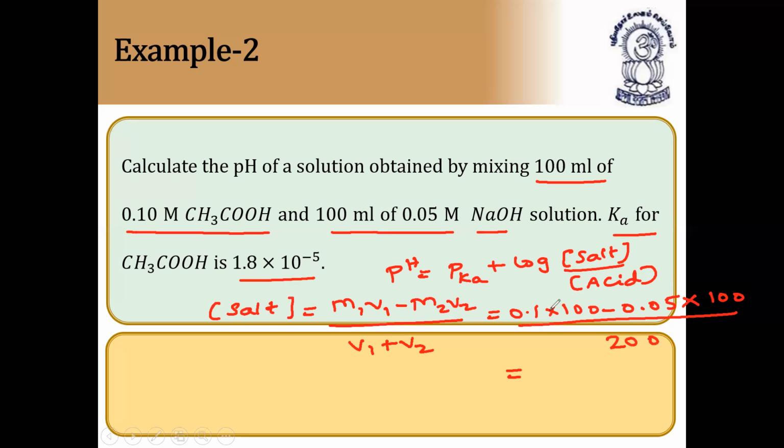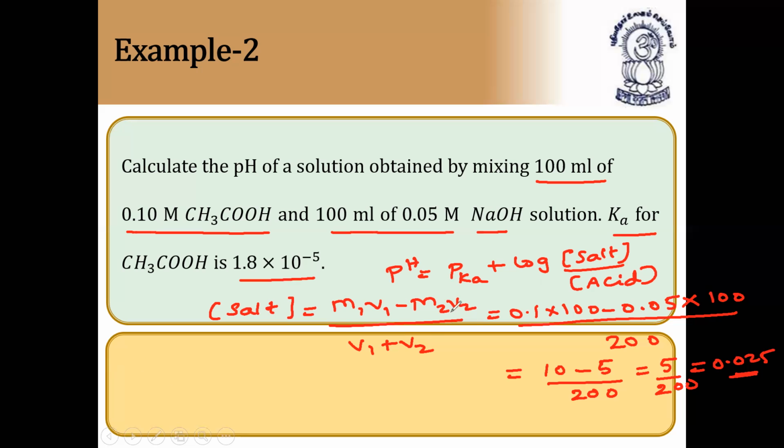So it is equal to 10 minus 5 by 200, which is equal to 5 by 200, which is equal to 0.025. So this is the concentration of salt.